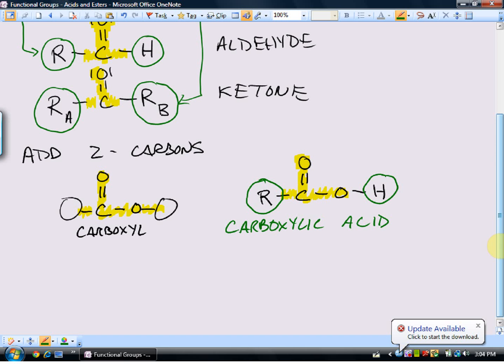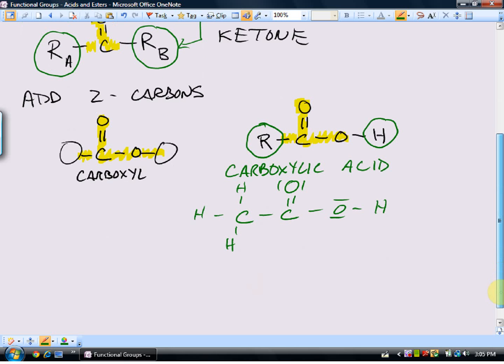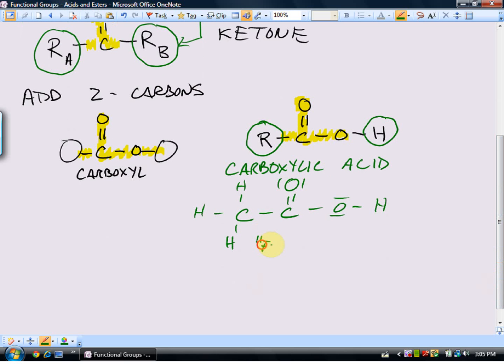Those are carboxylic acids. For example, this is the acid that is present in vinegar. It is called officially ethanoic acid. You're not surprised by that name, I hope. No surprises about the name. Ethanoic acid.